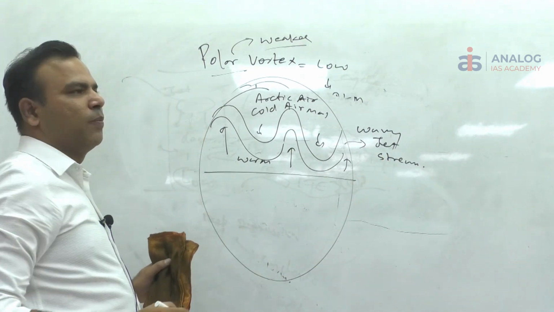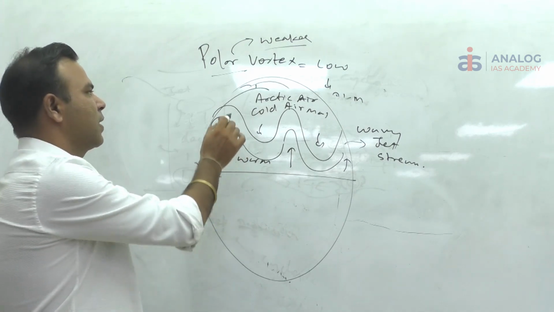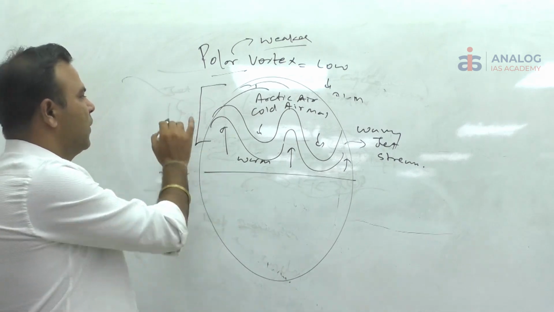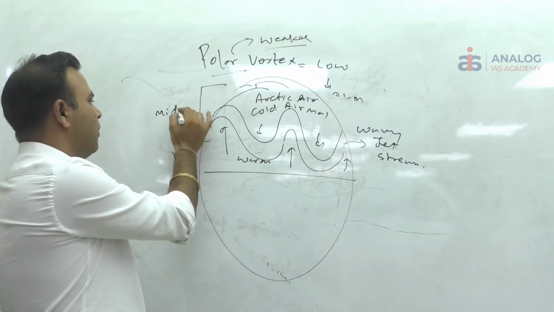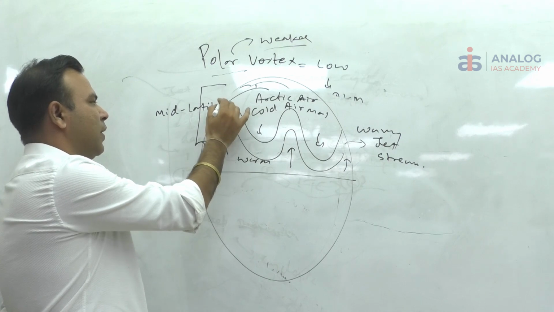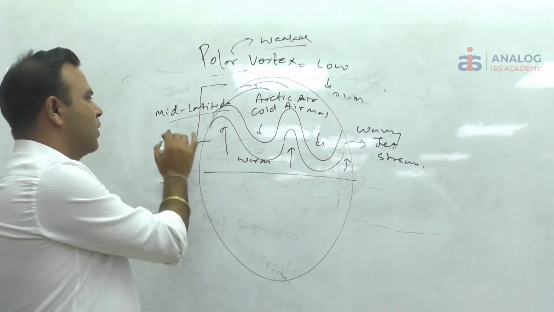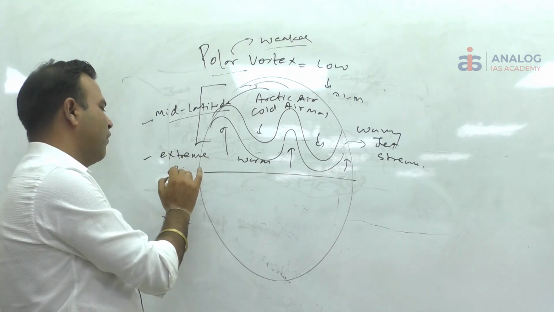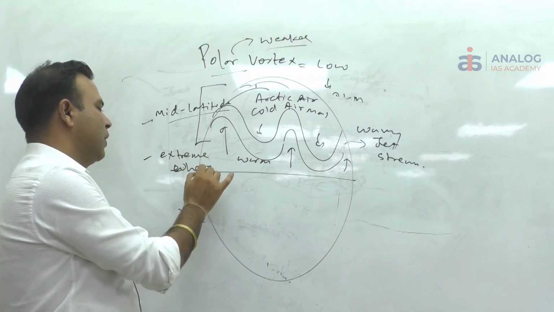Because of the more wavy jet stream, it has side effects on the climate of this region, mainly the mid latitude weather conditions get affected, and it is also explaining the extreme weather events affected by it. What are the extreme weather events?